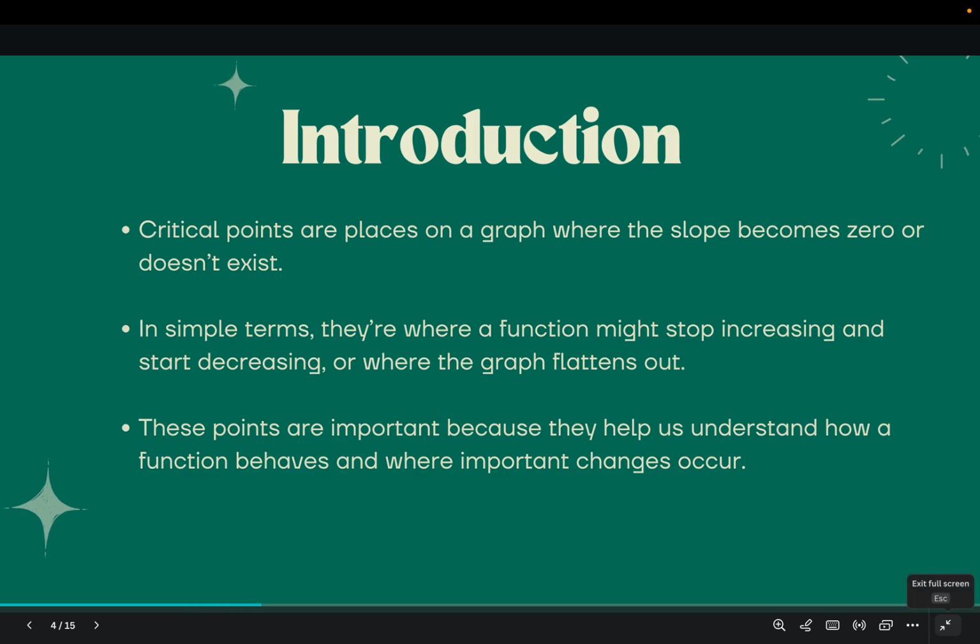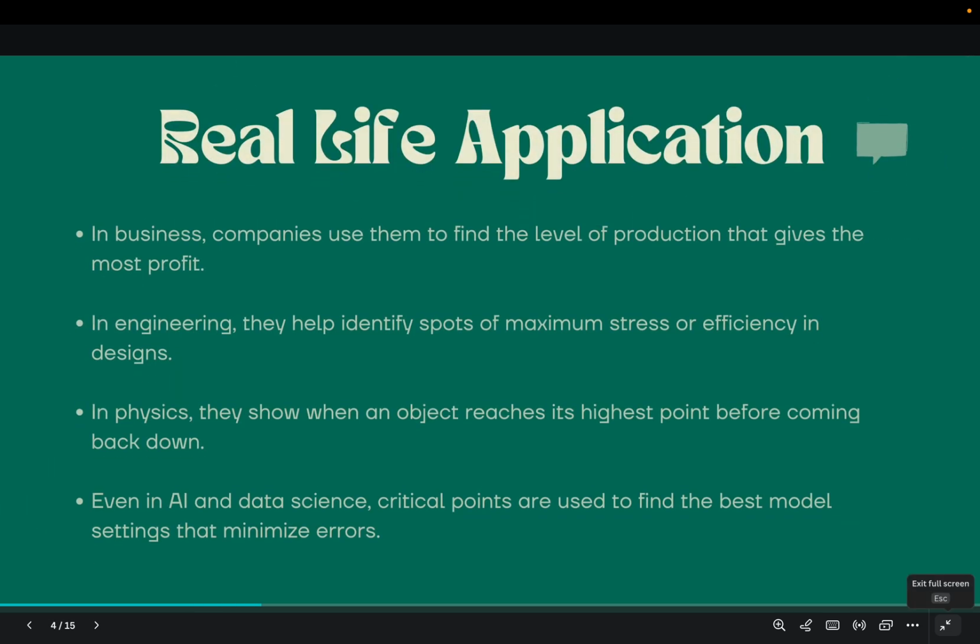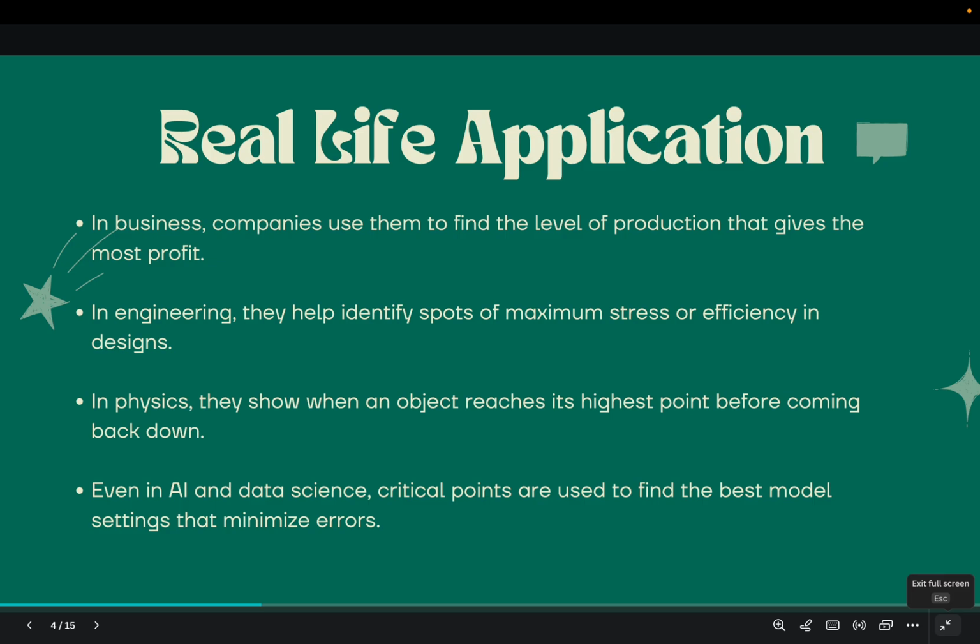Now I'm going to talk about how we could apply it to real life examples. Of course, you understand the concept of critical points, but where do we apply it in real life? Well, we could apply it in many different fields, such as business, engineering, physics, or even AI, artificial intelligence.